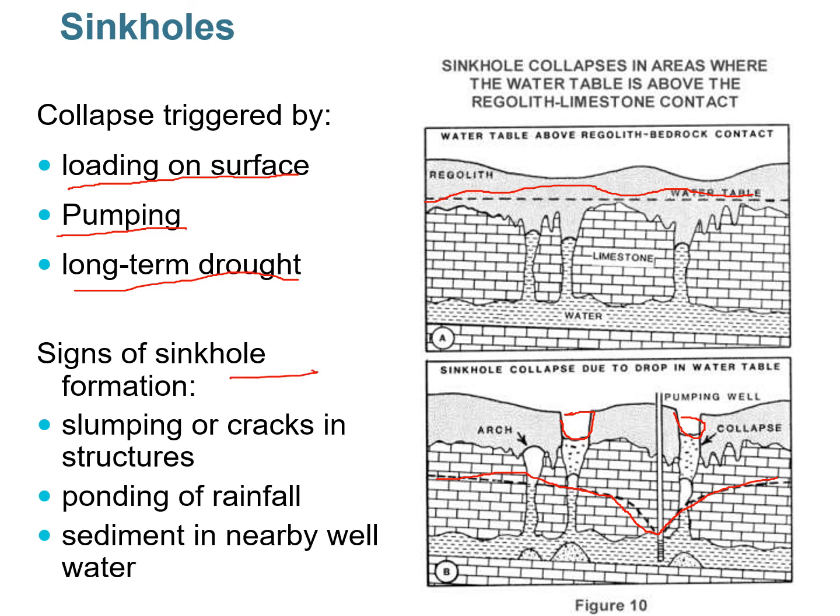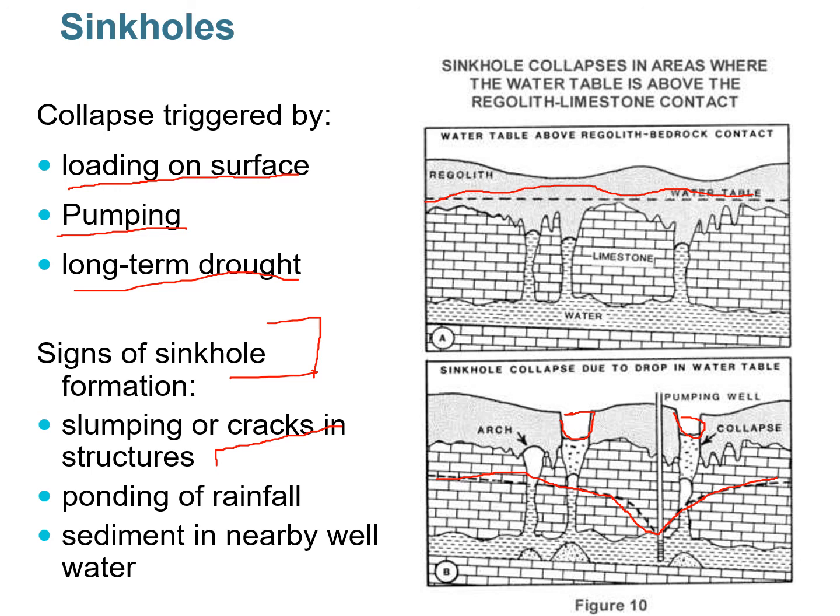Some signs of sinkhole formation: if you have slumping, cracks or structures in your home, things like cracks in the foundation or your wall that are thicker than, let's say, a credit card you can fit through, that's a warning sign that there could be some slumping or the formation of a sinkhole. If you have ponding rainfall in a certain area, that could be kind of weird.